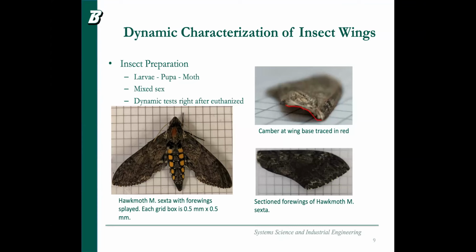Even though it has curvatures, we're trying to know the actual area, so we squeeze the wing flat onto the grid paper. It shows the size, and this is the forewing of this hawkmoth.